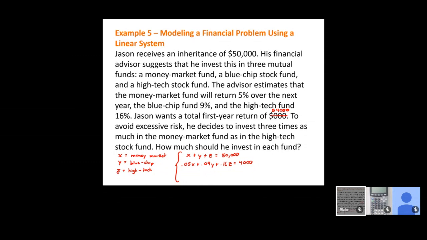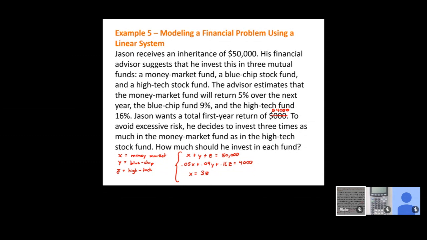So we need 3 times as much in money market as high tech. What would that equation look like if we want 3 times as much in money market as high tech? Okay, x equals 3z.